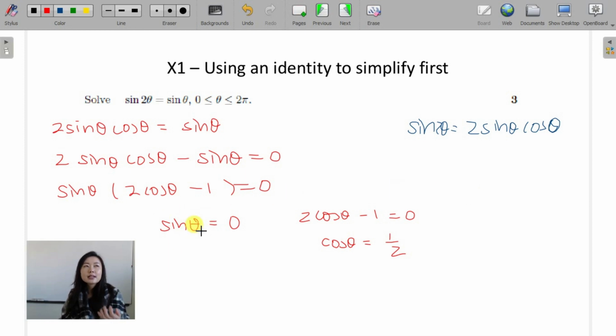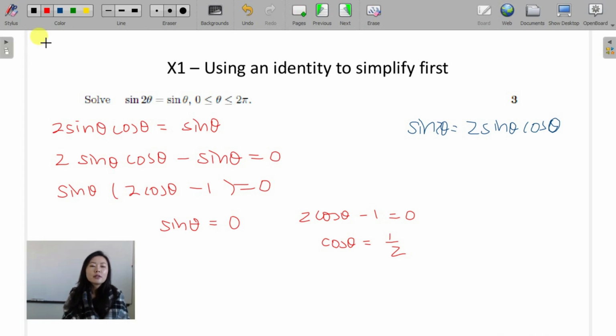Now, I haven't mentioned this earlier, but once you find the answers, if you're not sure whether they're right, you can always sub it back into the original function and see if it works for the equation. If it does, then you've got it right. So let's start with sine theta equals 0. We haven't discussed this yet. This is boundary angles. What I mean by boundary angles is 0, 90, 180, 270, 360, the boundaries of those quadrants.